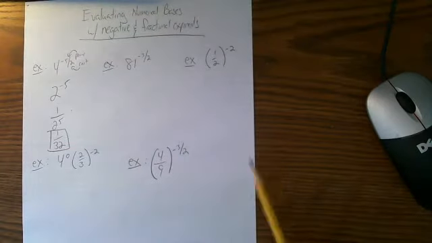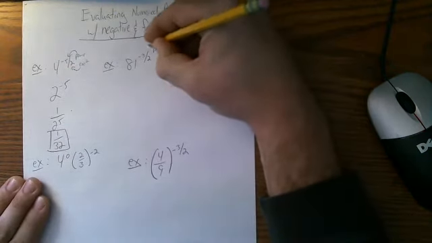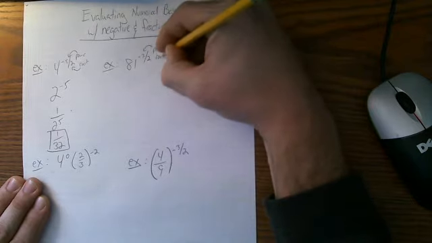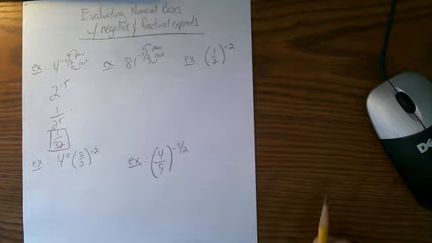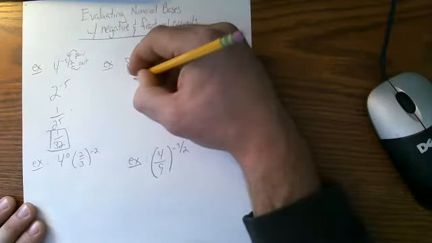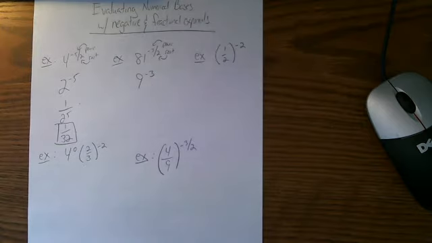Okay, here's another example. We have 81 to the negative 3/2 power. We're going to evaluate this using power over root. So the power is negative 3 and the root is 2. And we know the square root of 81 is 9. That leaves us with 9 to the negative 3rd power.